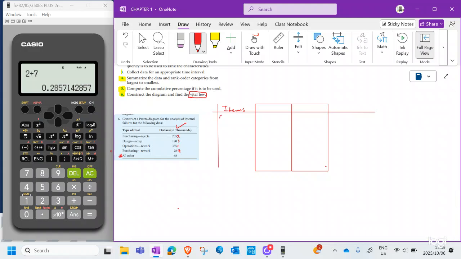Operation rework. You can tell that rework already by just looking at it. Rework is 355, so these are $355,000.